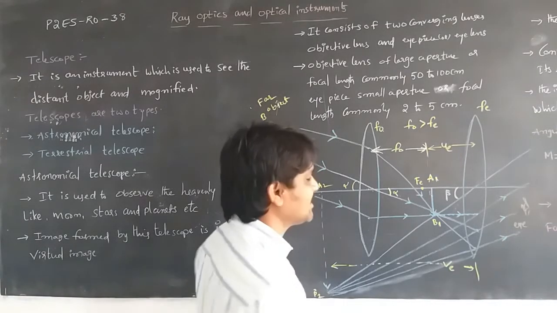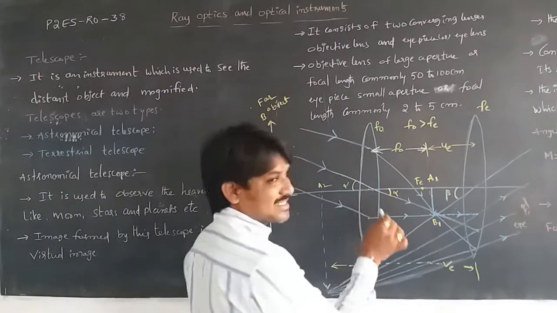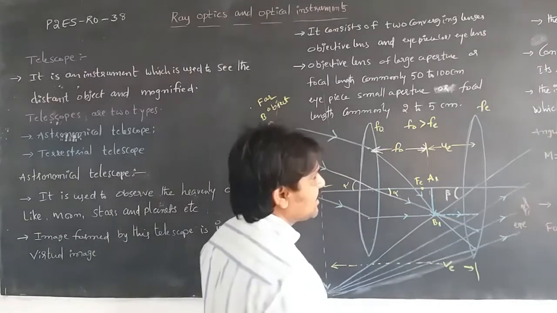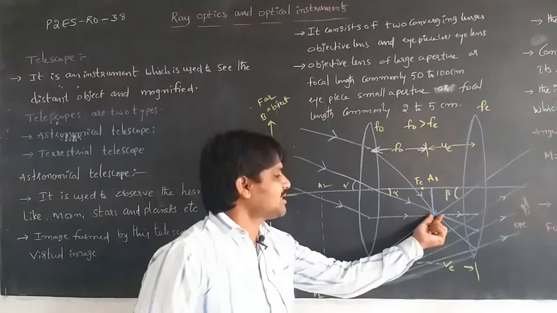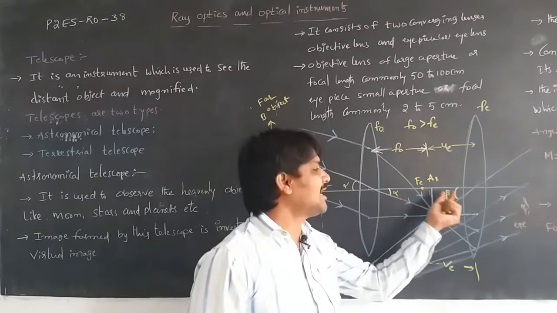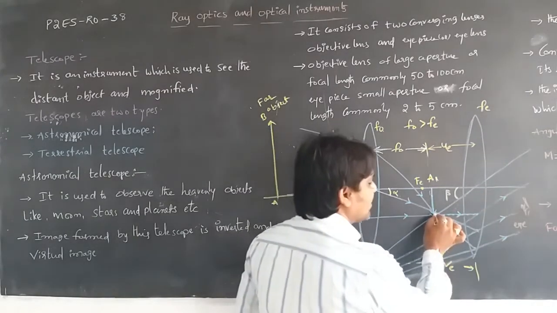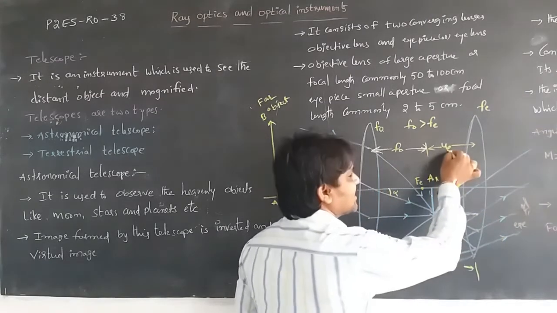Visual angle means the angle of the object, which is alpha. This inverted image acts as an object for the second lens, at a distance of UE.